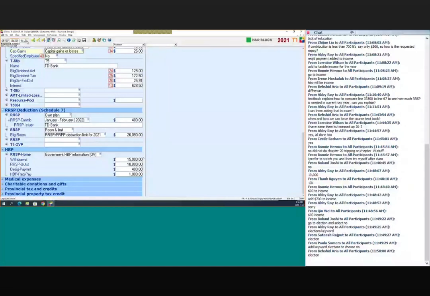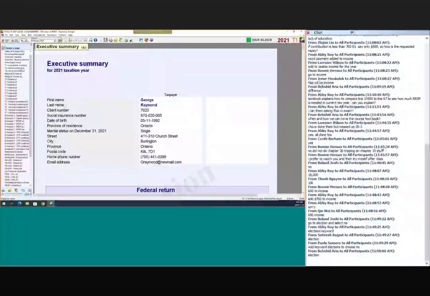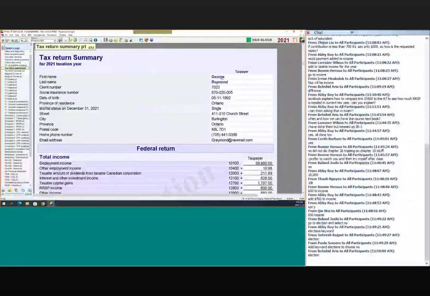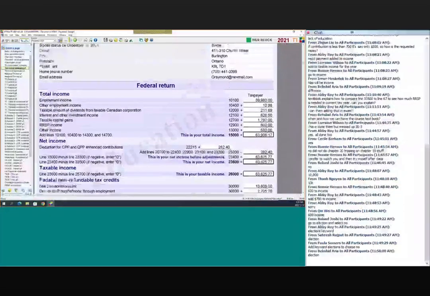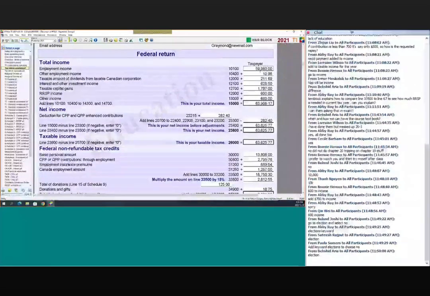So let us go back and look at the return and see what our bottom line is, and does it make sense? Does the return make sense to us? Here's our personal information. Here is the total income for George. We can see that he has employment income. Then he has other income. These are mostly all boxes from investment. You'll notice that we have the RSP income.